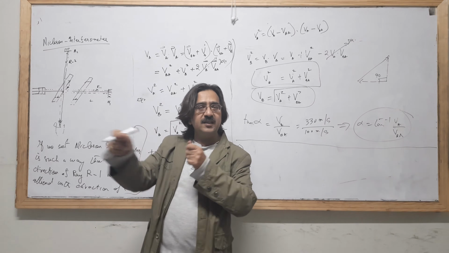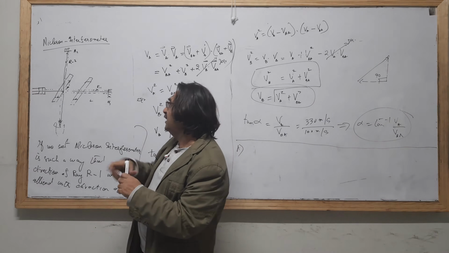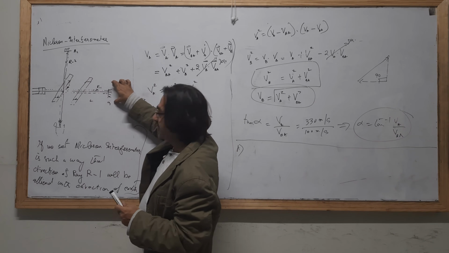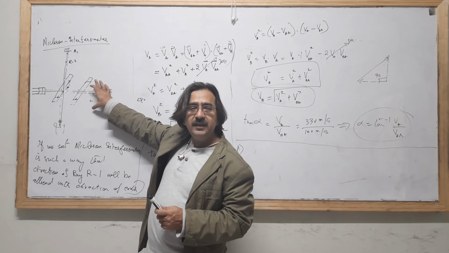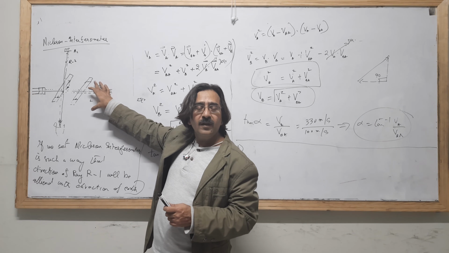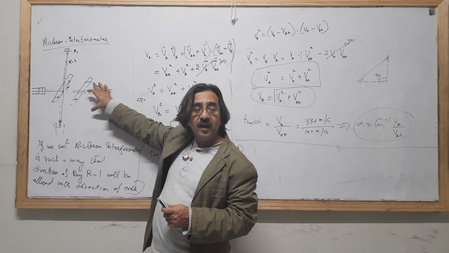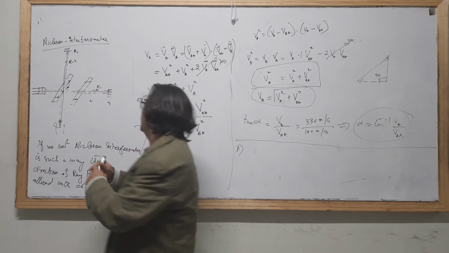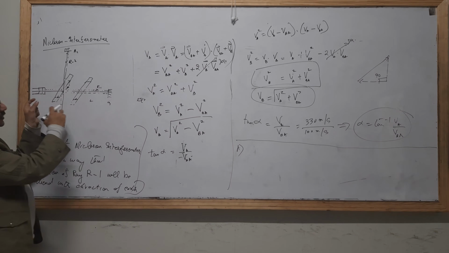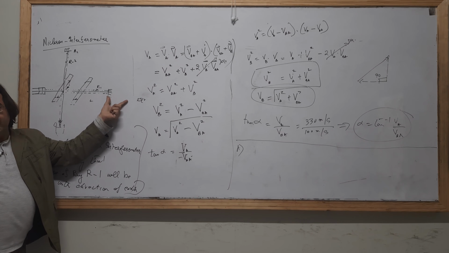because it has the ability to rotate, okay. If we align in such a way that the direction of this ray 1 is along the motion of Earth. This is the velocity of light, okay.